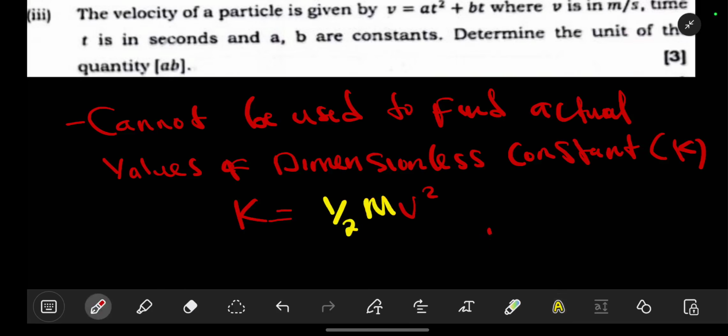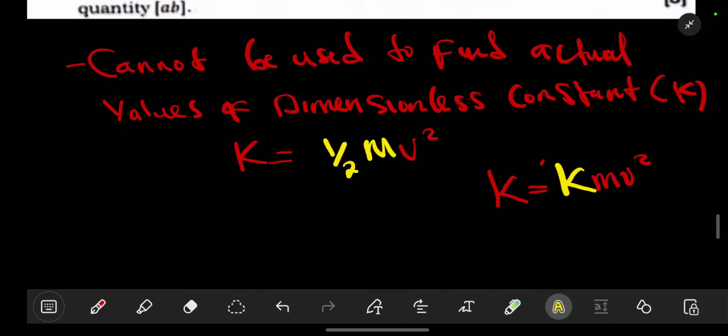Under dimensional analysis, when you are deriving the equation, you say K mv squared. But this value can never be known using dimensional analysis, but can be found by experimental method. So the limitation is that it cannot be used to find actual values of dimensionless constants.